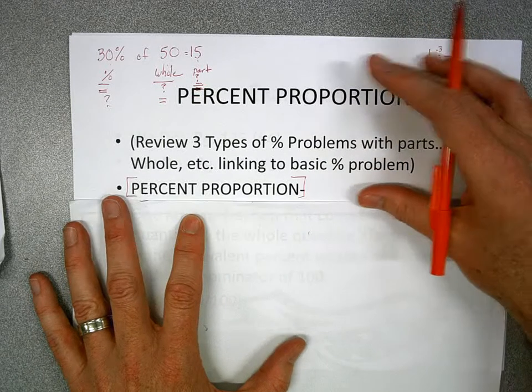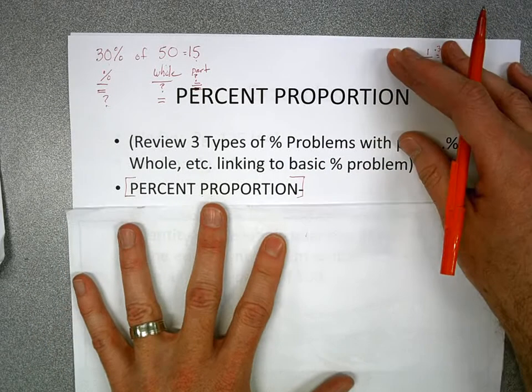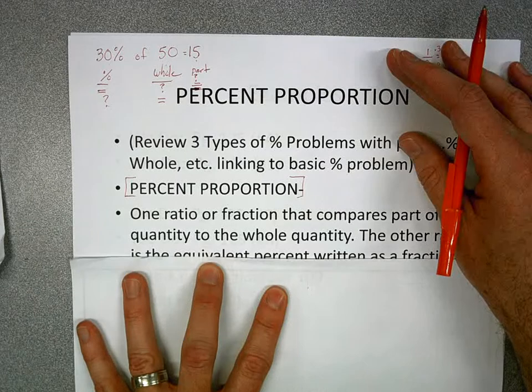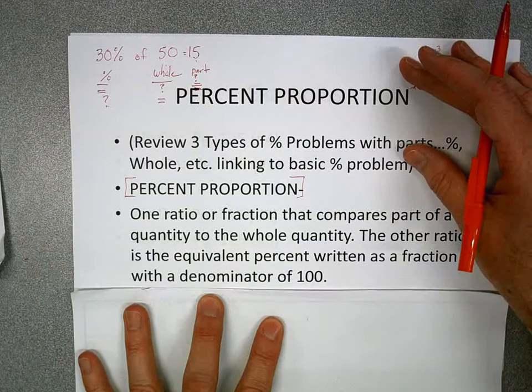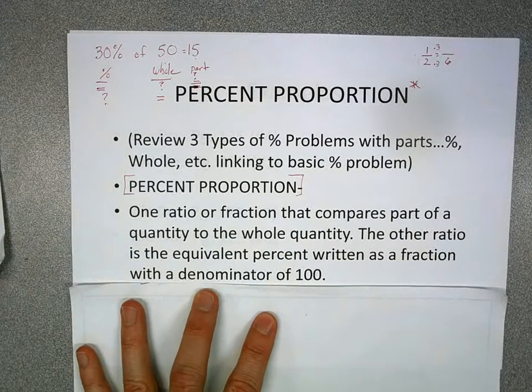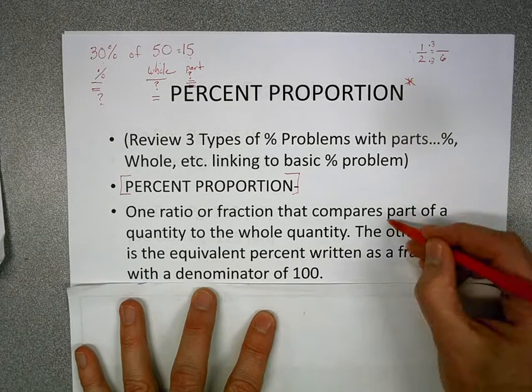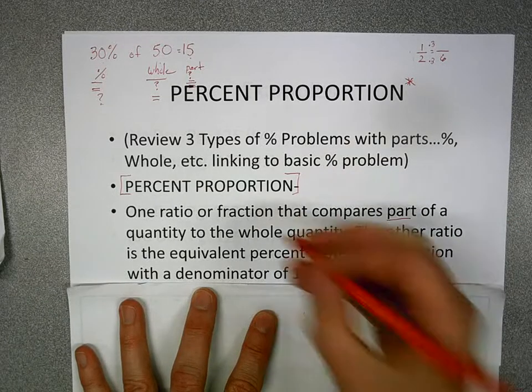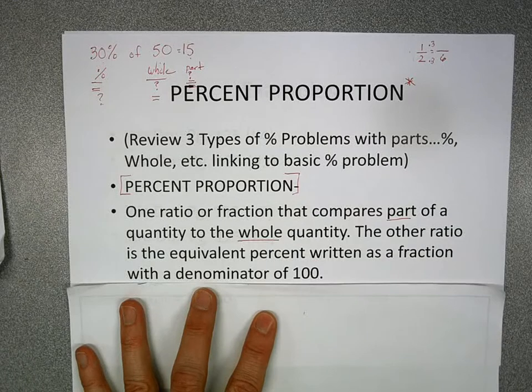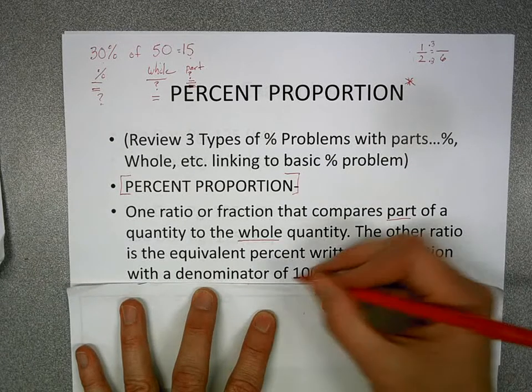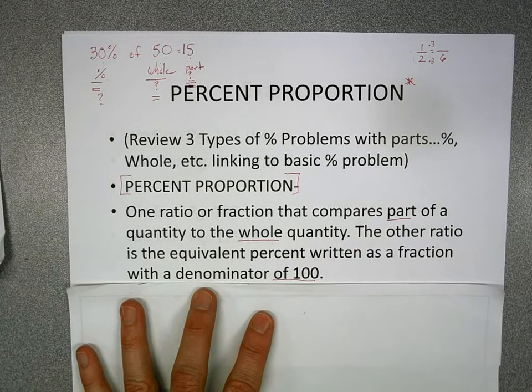Everyone? Percent proportion. So here's what your book says a percent proportion is. It is one ratio or fraction that compares part of a quantity to the whole quantity. The other ratio is the equivalent percent written as a fraction with a denominator of 100.